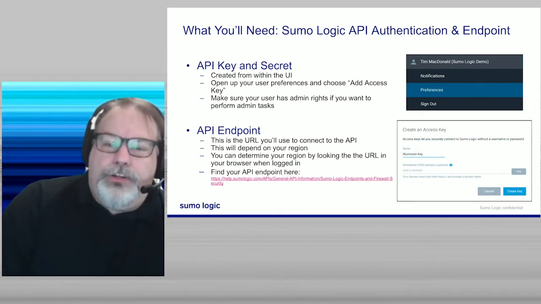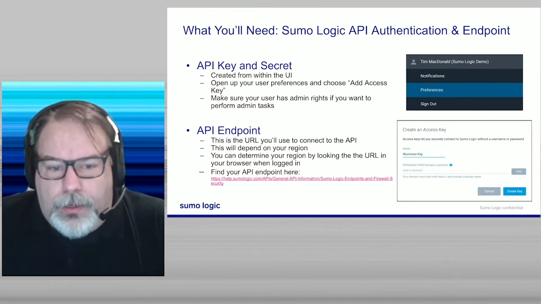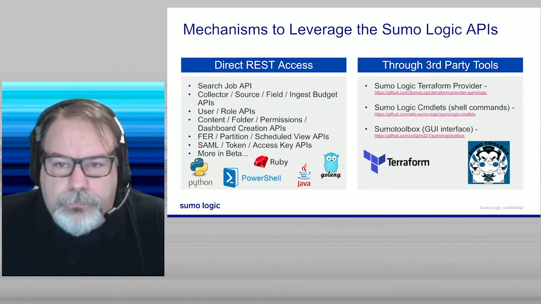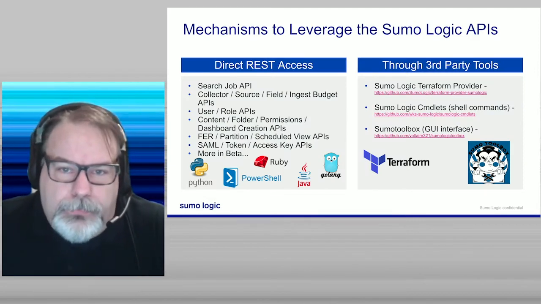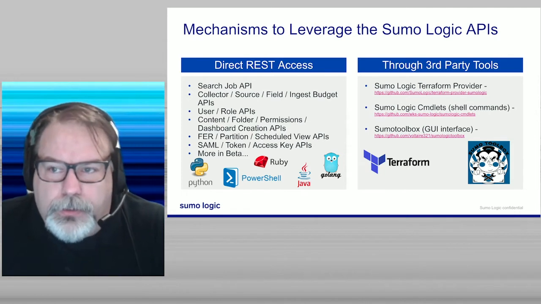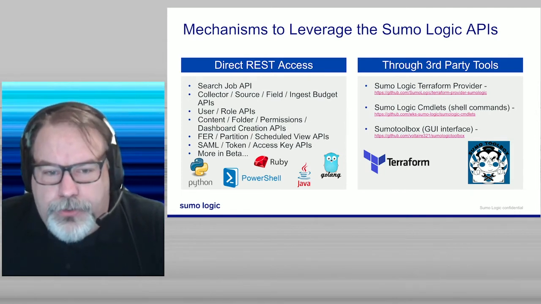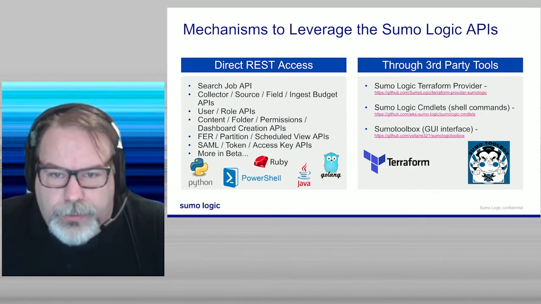Now, once you have these things, then it's time to identify how you want to talk to the API. So there are multiple mechanisms that you can use to leverage the Sumo Logic API, and they fall into two general categories. One is direct REST access.